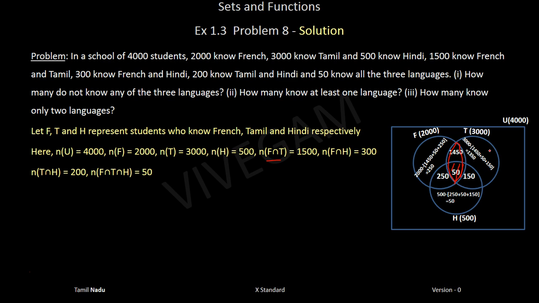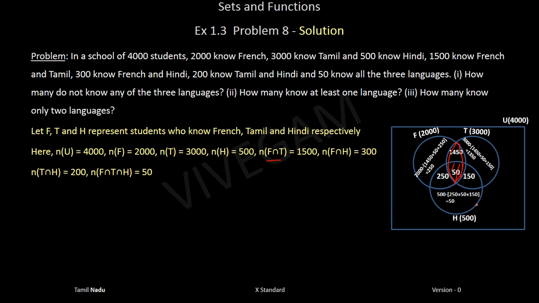Similarly, only Tamil. The whole thing is Tamil, out of which we have already accounted for all these things. So 3000 minus 1450 minus 50 minus 150 gives the people who know only Tamil, which represents this area. Now, next one, Hindi alone. Which area does it represent? This area.